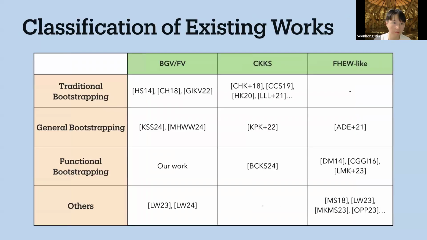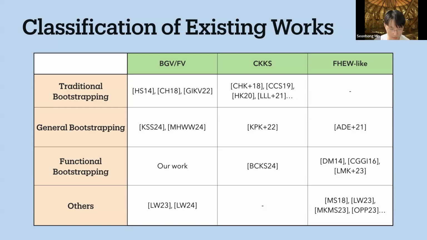So we have some classifications of existing works here. We have the traditional bootstrapping for BGV and FV, and in general bootstrapping for BGV and FV, we have two recent works, KSS24 and MHGWW24, which drastically reduce the time complexity for the bootstrapping for large plaintext BFV and BGV.